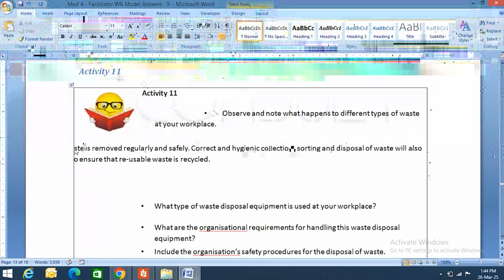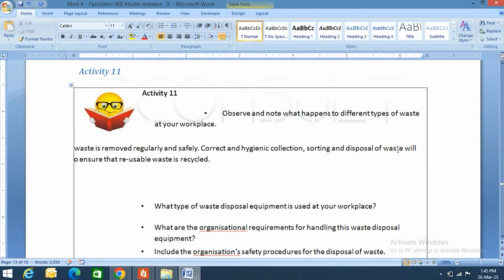Correct and hygienic collection, sorting, and disposal of waste is done to ensure that reusable waste is recycled and other waste is disposed of. Got it? That's the answer for the first one.